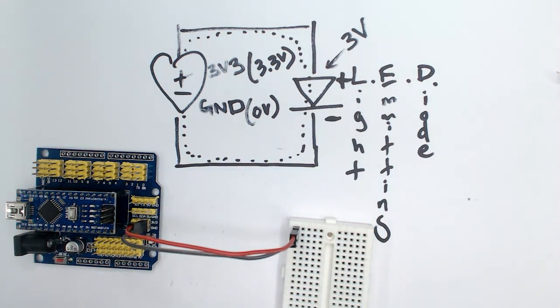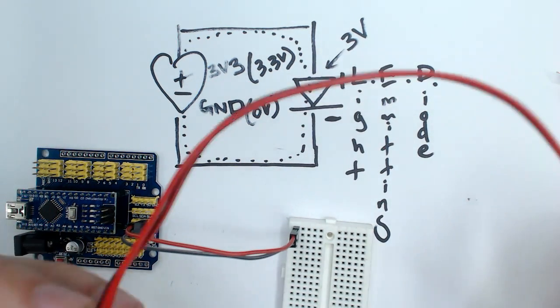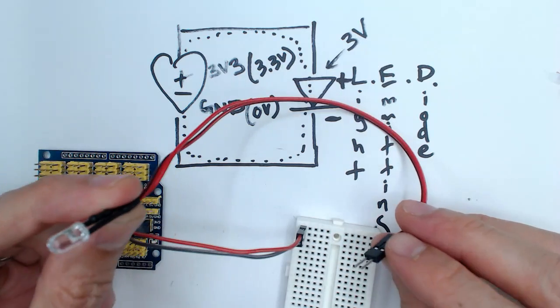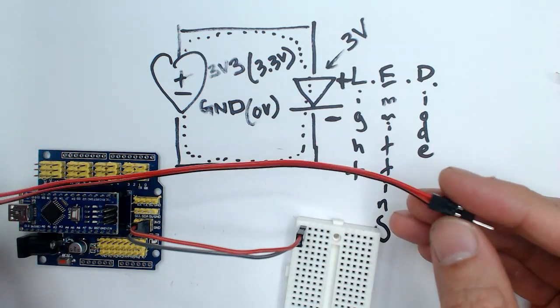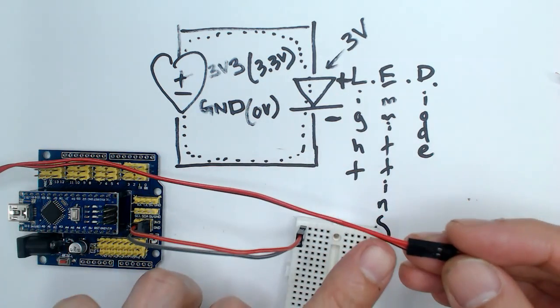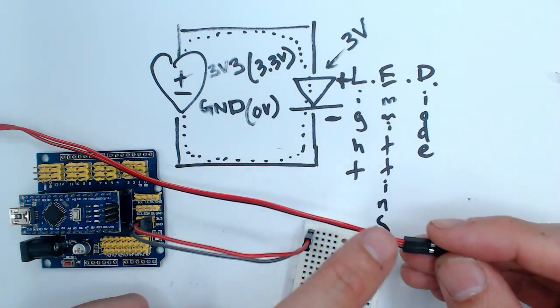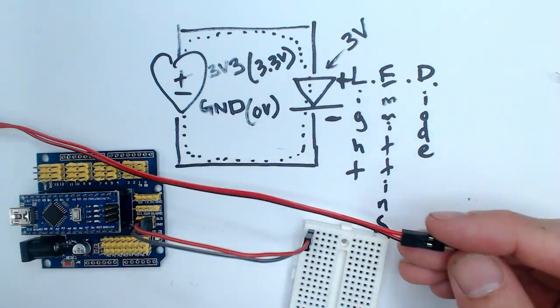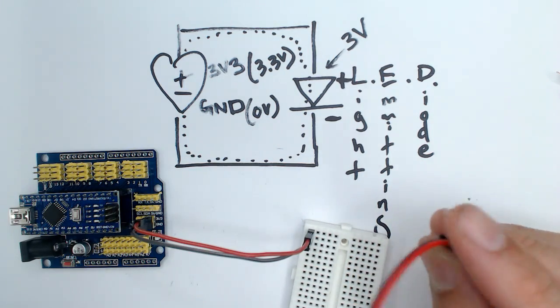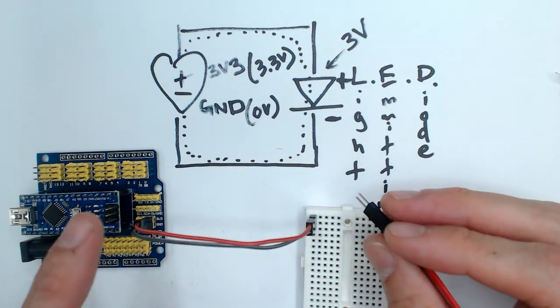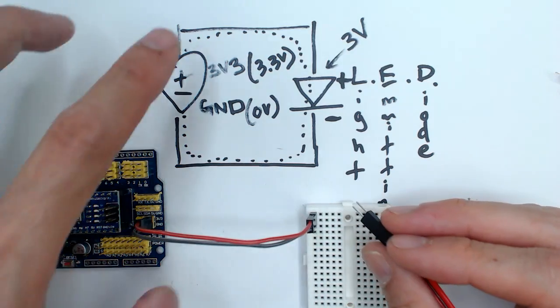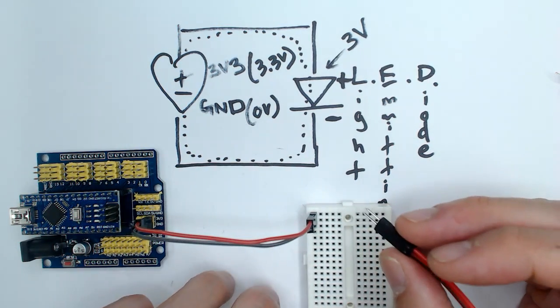So now we're going to take our LED right here, and if you remember, the black is the minus and the red is the plus. So let's go ahead and stick this in and make sure we match it up. Whatever we're building right here needs to match our drawing, okay?